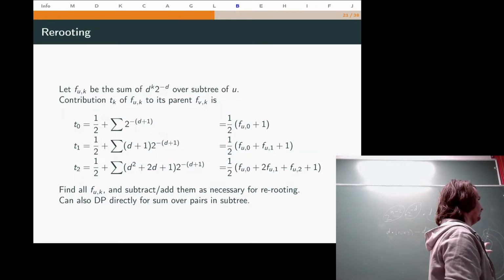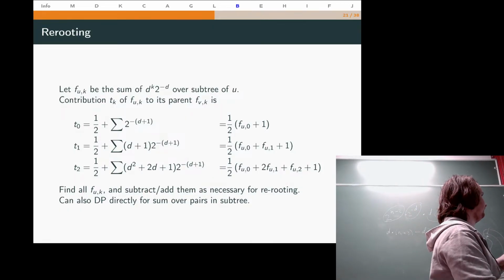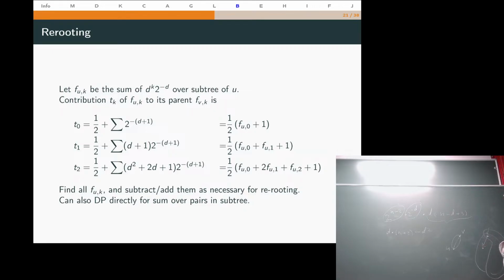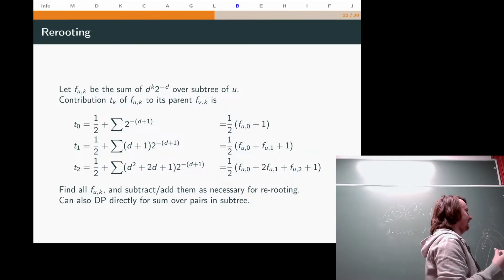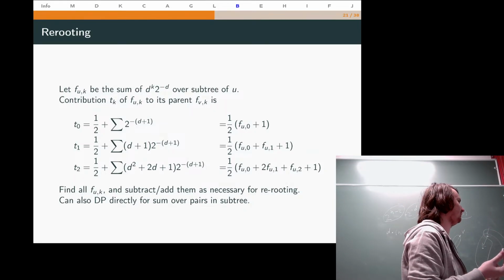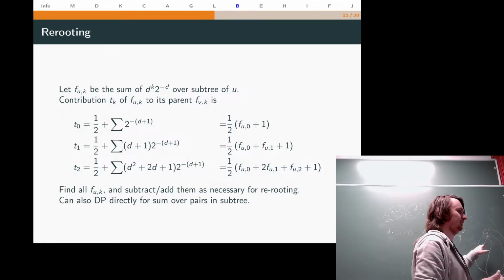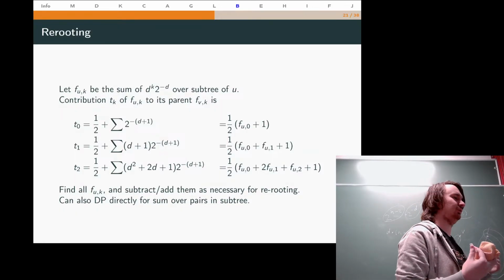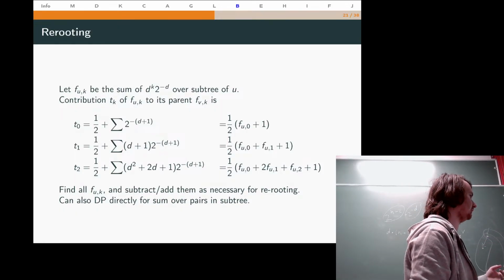After that, we will be able to find this sum of distances raised to the power k times 2 to the minus d for all possible ways to choose a root of the tree. So this is one way to solve this problem.